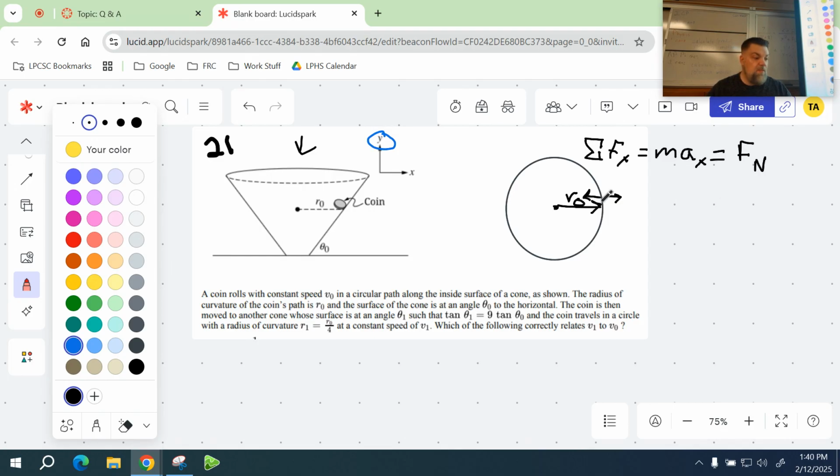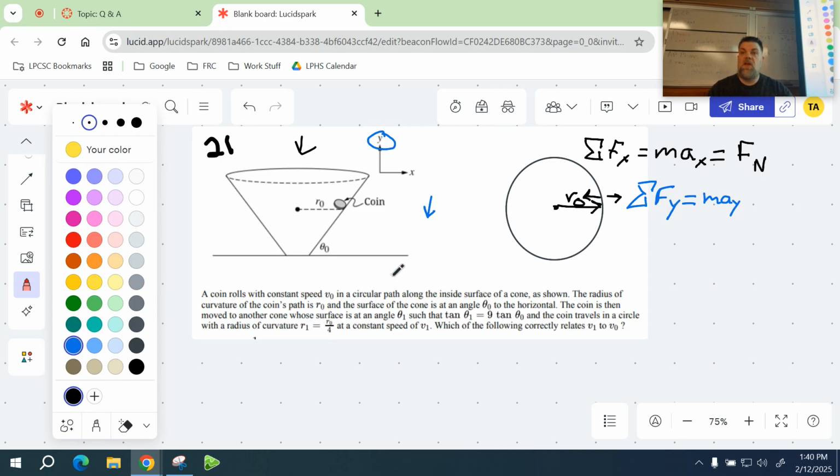That means the sum of the forces in the y direction also is the mass of the coin times the acceleration in the y direction. So remember, gravity is pulling down, right?